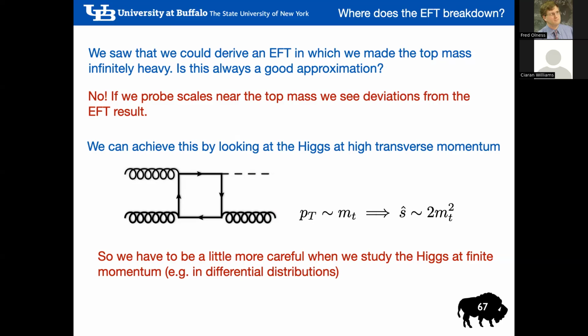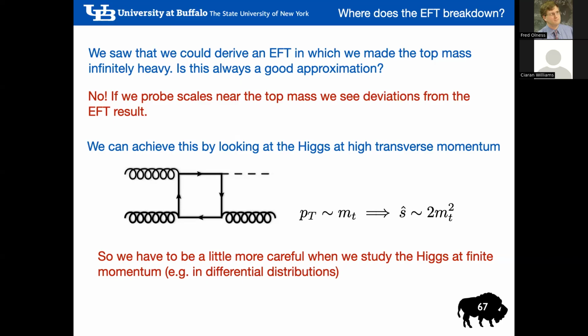So what happens now is in different kinematic configurations, effectively when the Higgs becomes high energy. If I have a loop here with an additional gluon, obviously this diagram exists in the full theory, so this exists in the standard model, and it comes in at next to leading order, right? So I delete this gluon here and I have my leading order picture. I add it in.